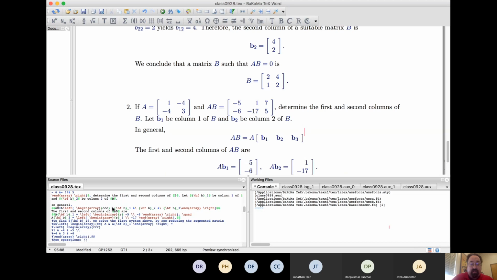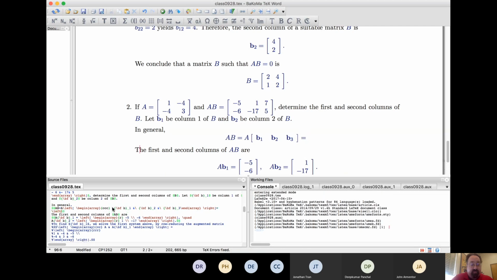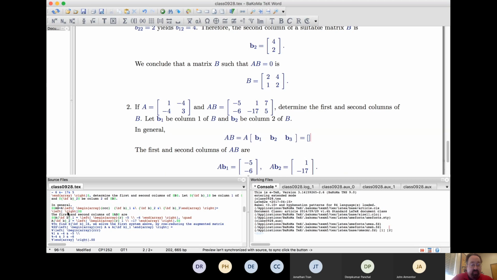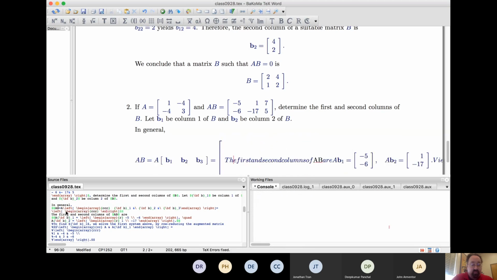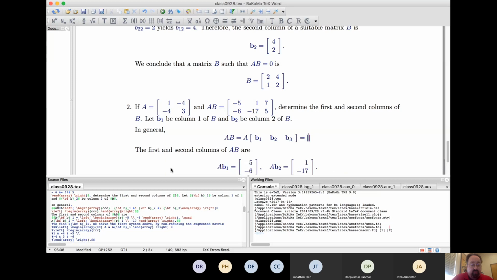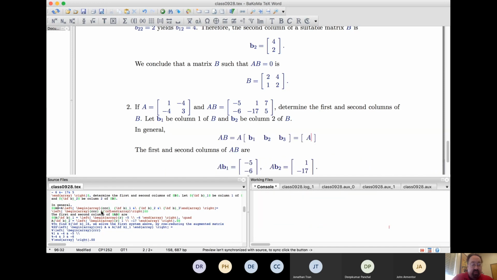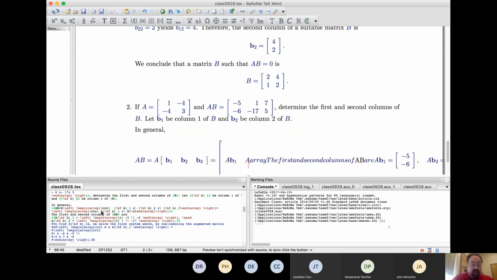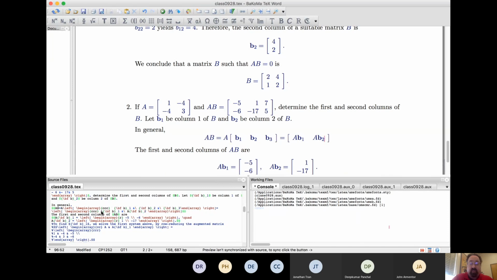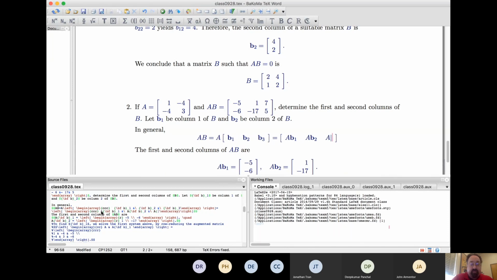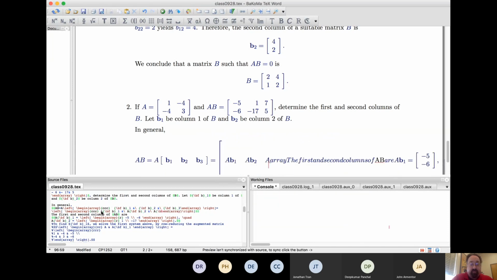Then to get the product, it's just taking A and multiplying it by each of the 3 columns in turn. So just A B1, A B2, A B3.